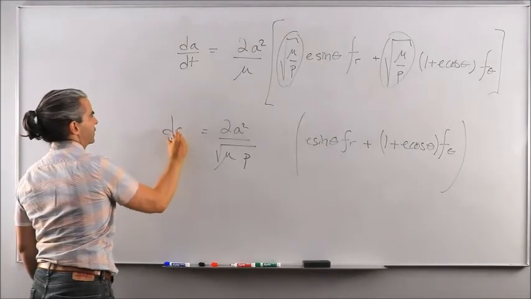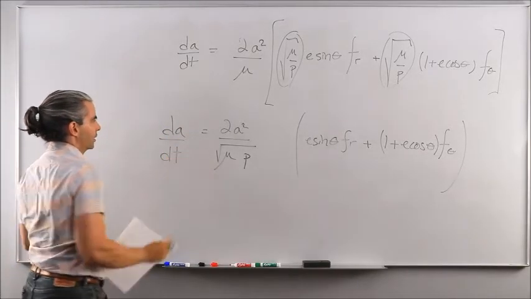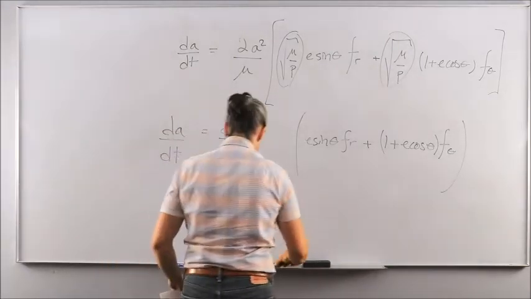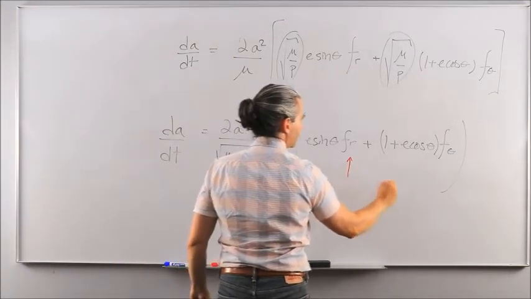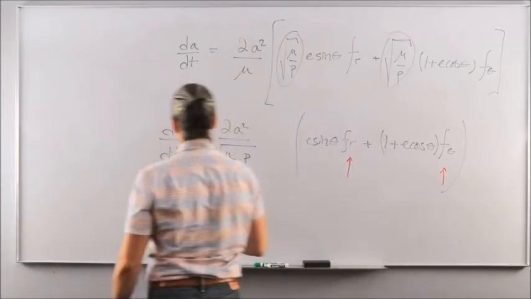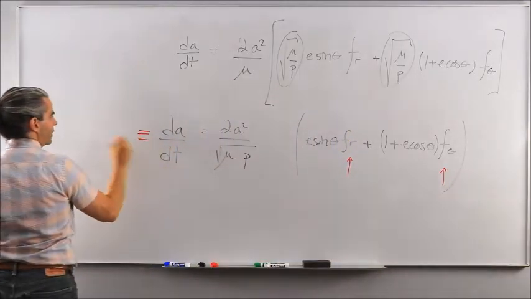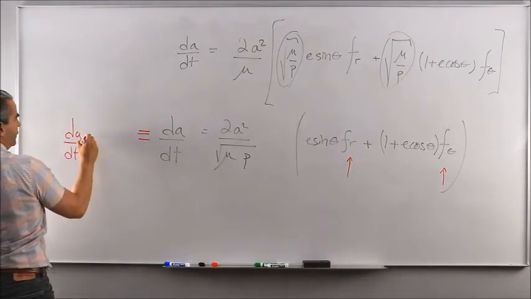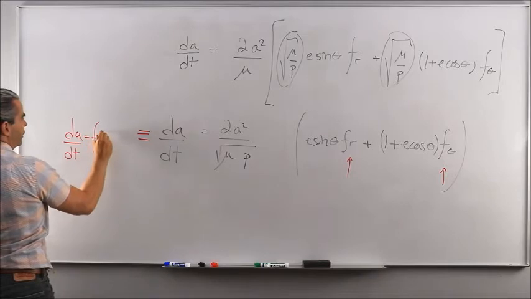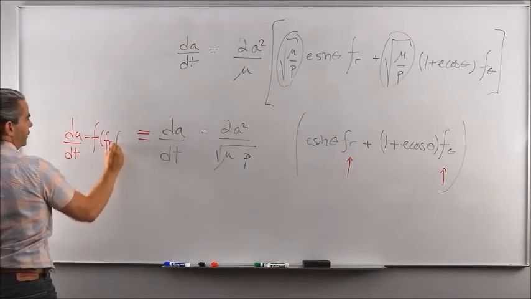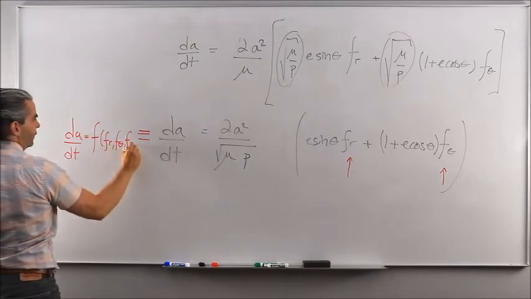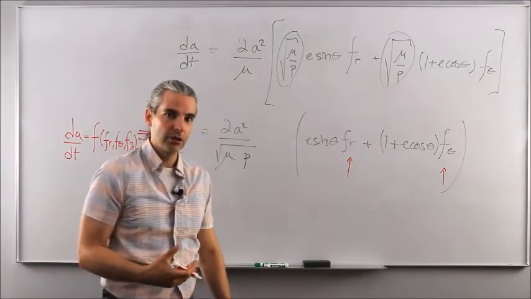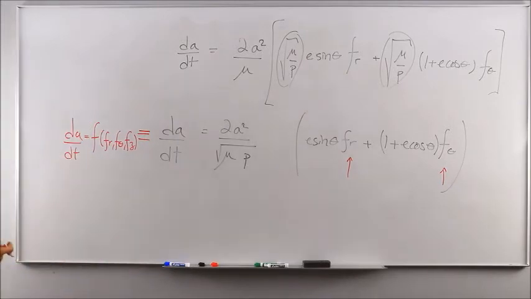And that gives us the rate of change in semi-major axis as a nonlinear function of f_r and f_theta, or in other words, this is the same as dA/dt equals a function of f_r, f_theta, and f_z, which is indeed the first Gauss variational equation. Right?